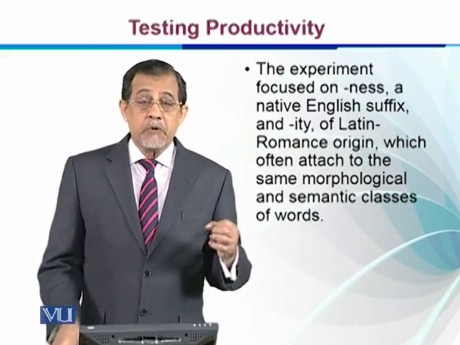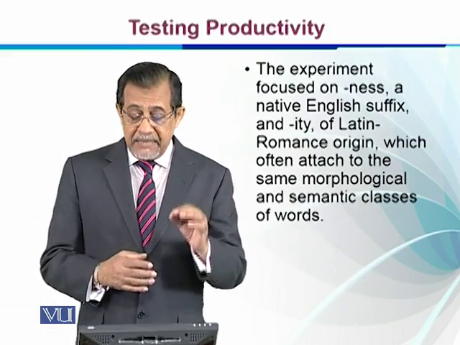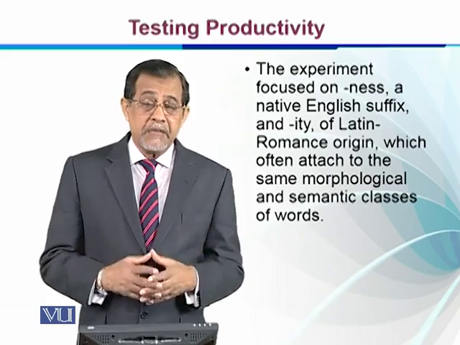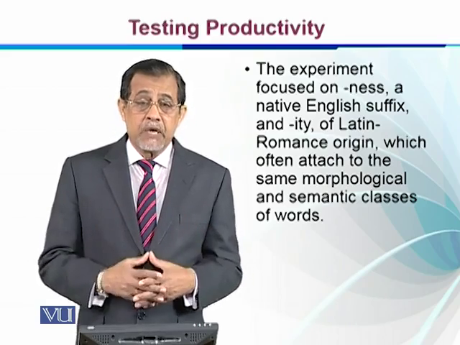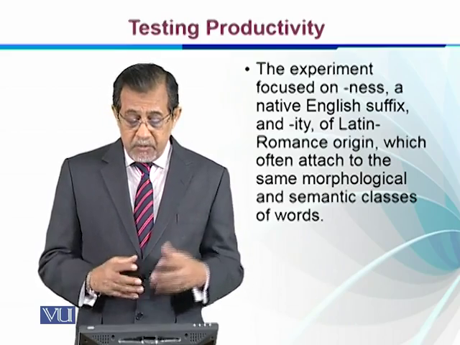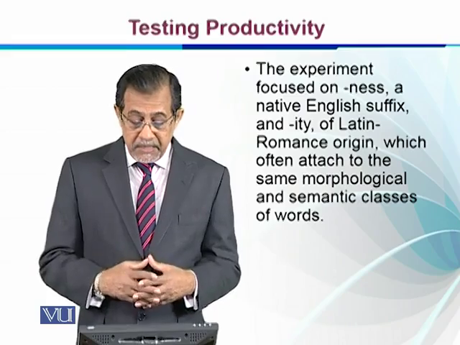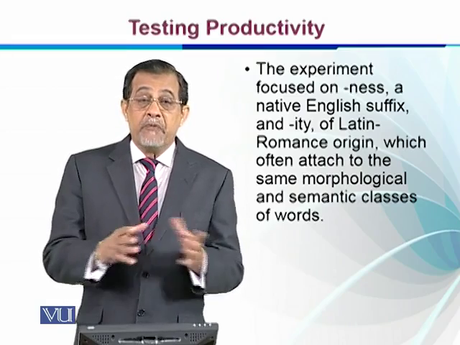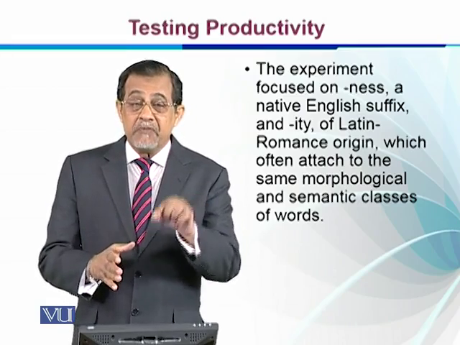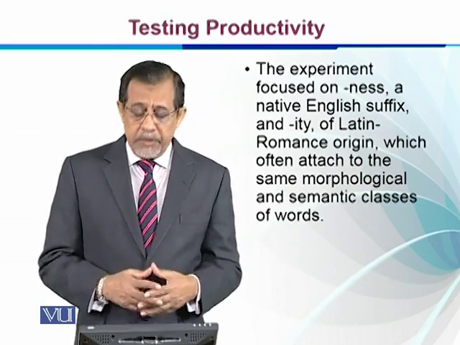The experiment focused on some affixes like ness, which is a native English suffix, which we have talked about so many times, and ity, which is of Latin Romance origin, and which often attaches to the same morphological and semantic classes of words with which we add ness. So ity is also attached to it.